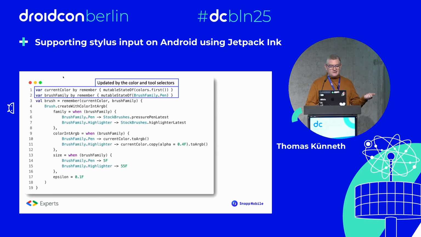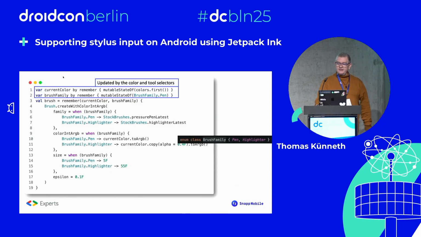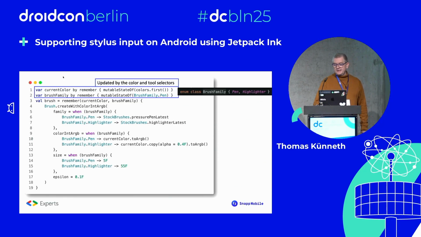I have a color selector that obviously changes the current color, and we have a brush family which is populated by my tool selector. This is just a humble enum class. Here it has just two enum values which represent the two tools my sample app has implemented. And these two states contribute to the state that's actually used in the drawing surface.